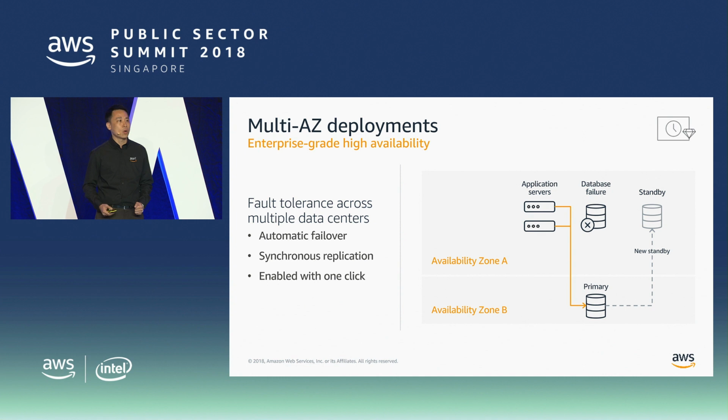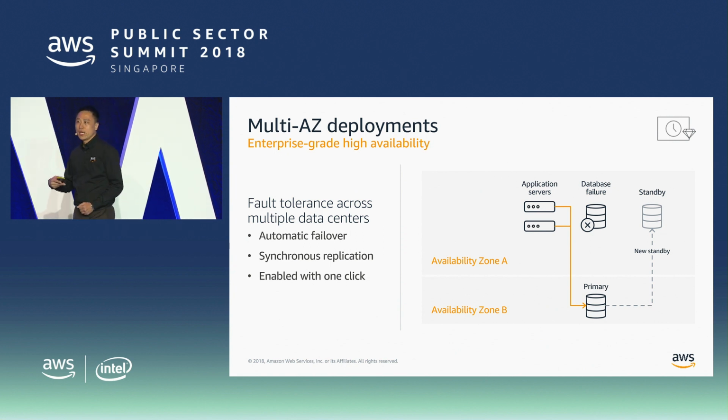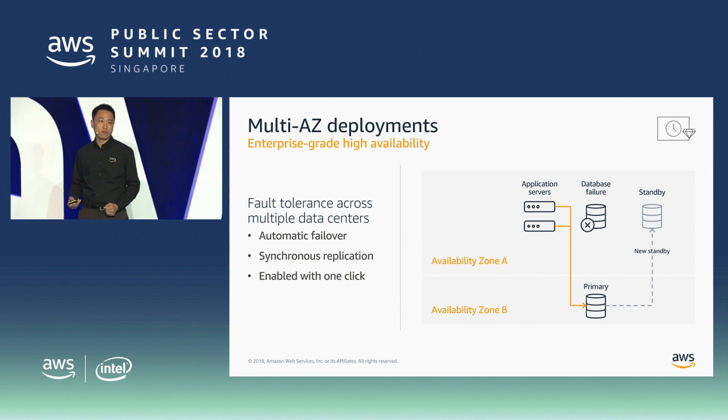So let's say, for example, if one of your database nodes goes down, we are able to fail over to another node in another data center. If the whole data center goes down, we are also able to fail over to another database running in another data center. So that's why I said that is data center level HA for a customer.